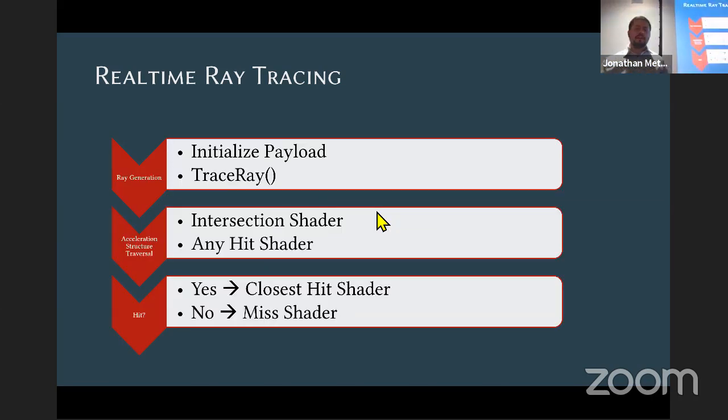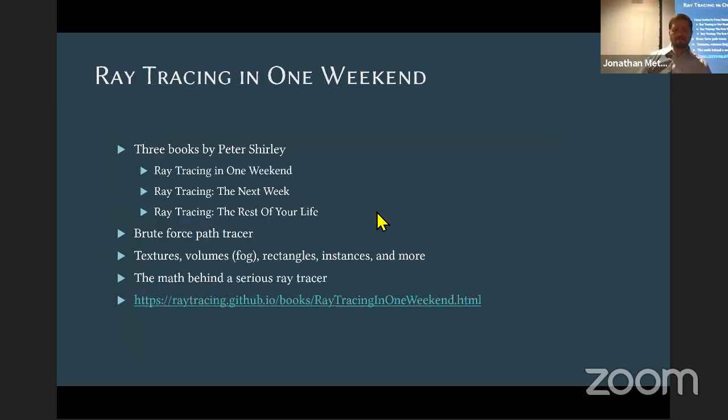All right, this is where your sky rendering might come into play. So here's just a quick short version. We generally have ray generation, going through the acceleration structure, and then finally handling a hit at the end. So we're using the book Ray Tracing in One Weekend to write a brute force path tracer.